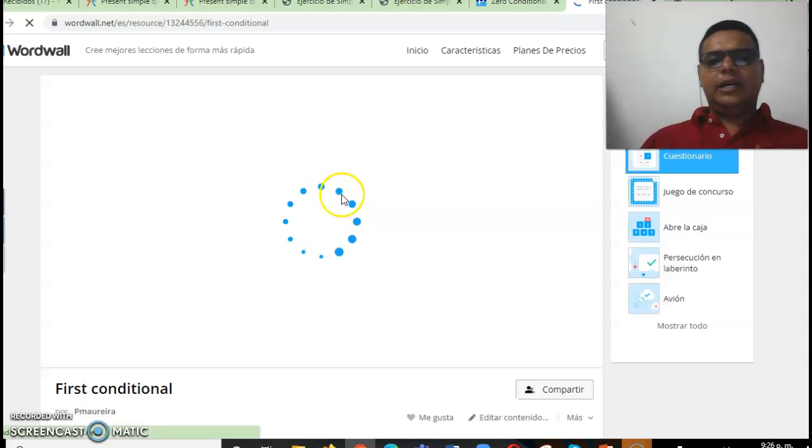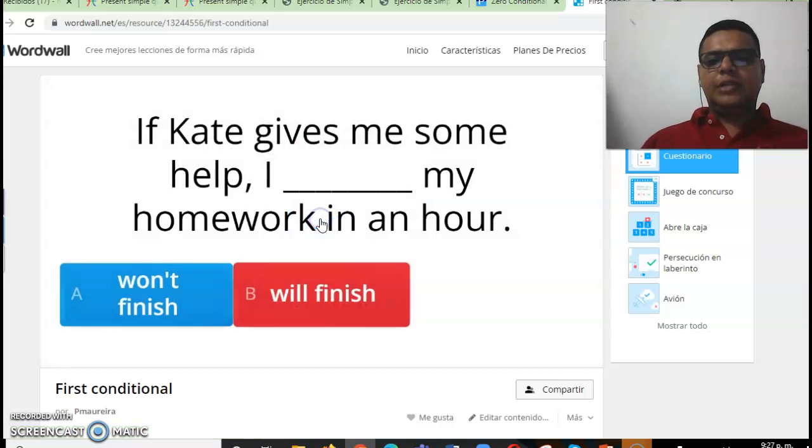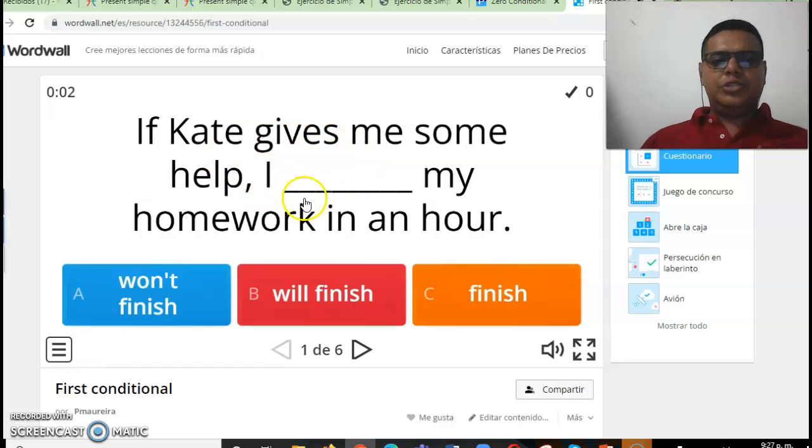Here this is a kind of game about the first conditional. So they will choose one of these options. In this case, if K gives me some help, I will finish.